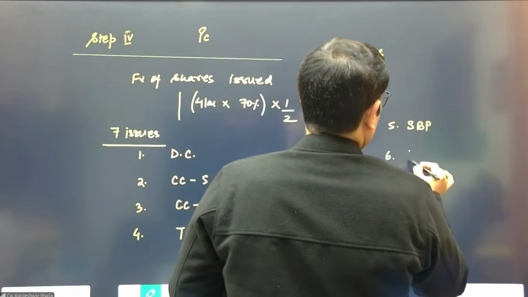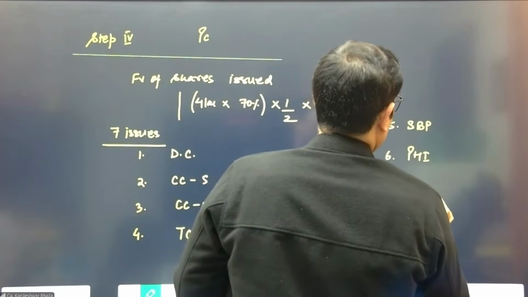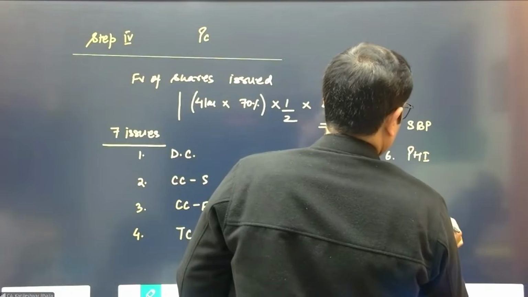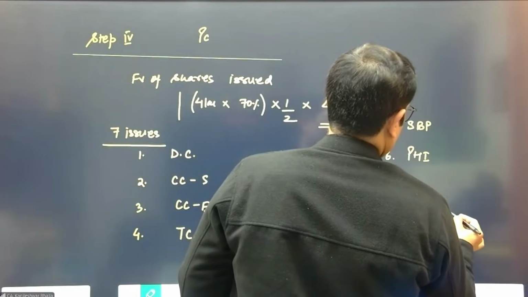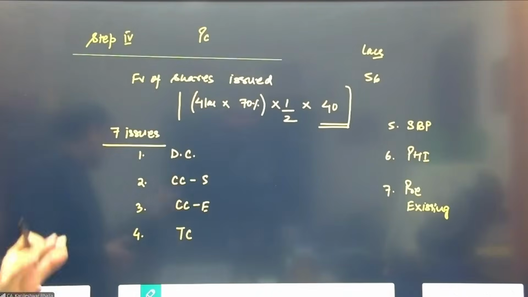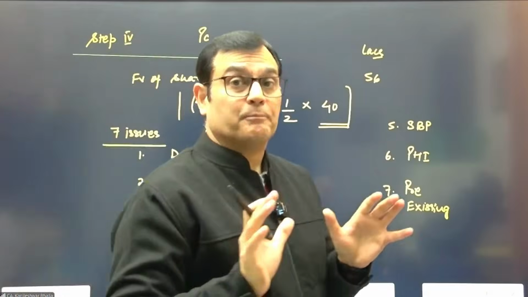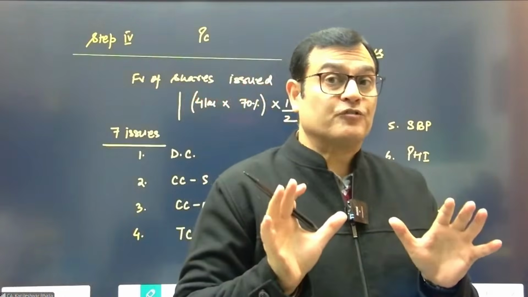Then there is PHI, previously held interest, and if there is any pre-existing relationship as well. So these are the 7 issues which we need to tackle in terms of the purchase consideration. Okay, so based on this, now we'll go back to the question and apply those filters.